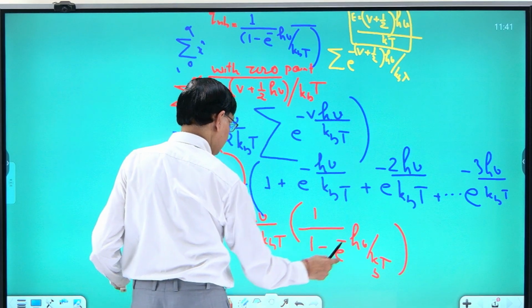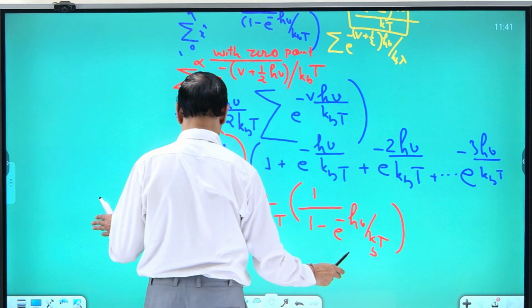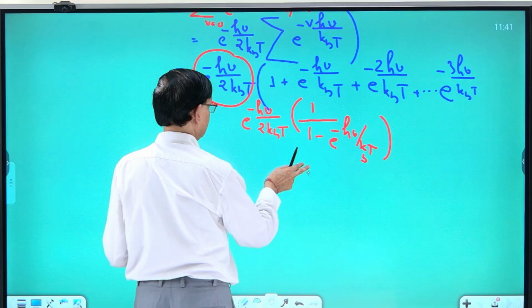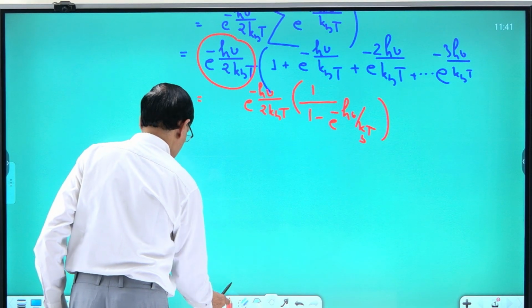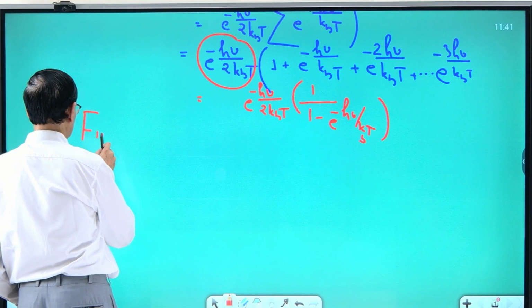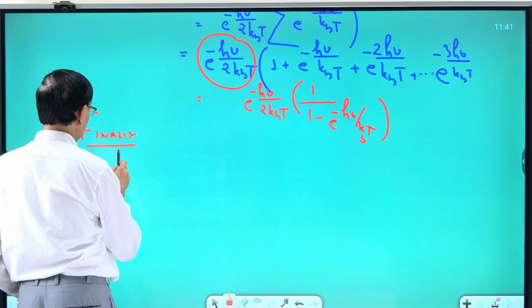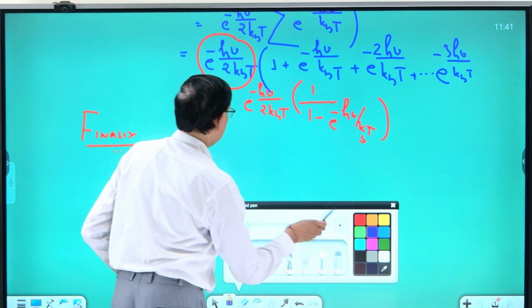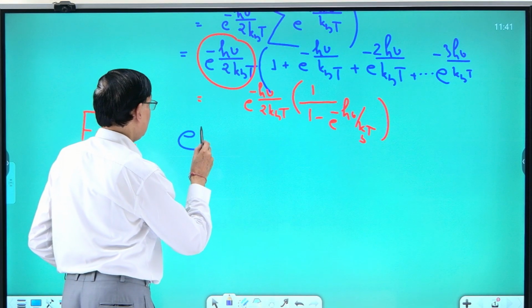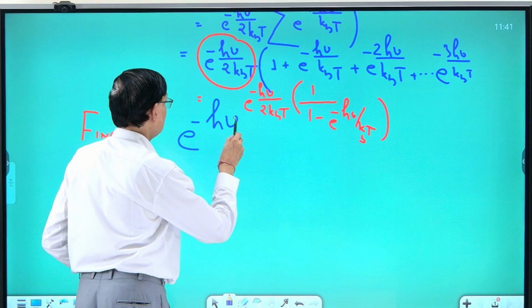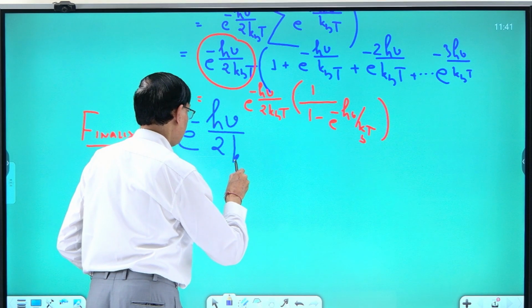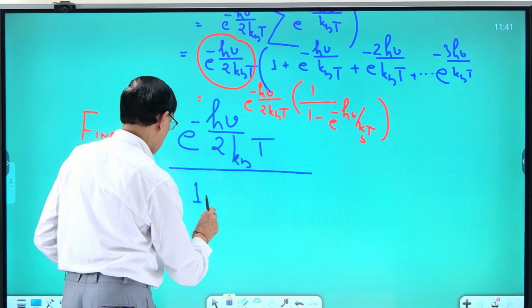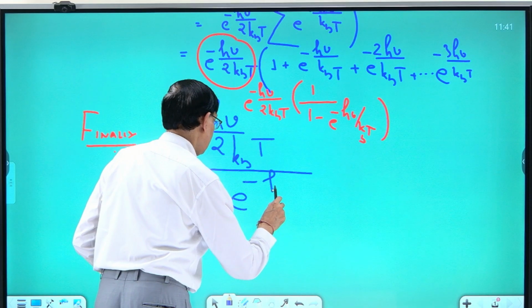So finally, with zero point energy I am getting exponential minus h nu divided by 2 kBT, divided by 1 minus exponential minus h nu by kBT.